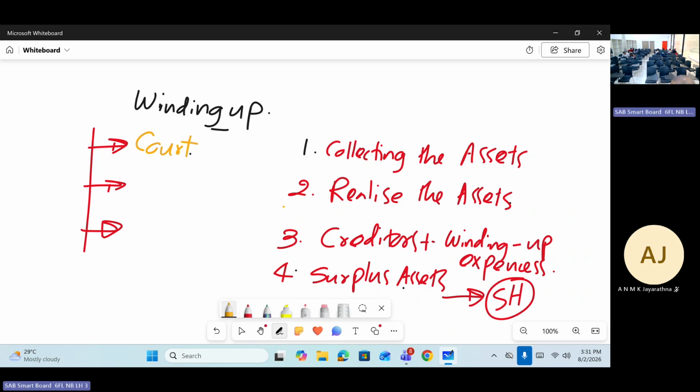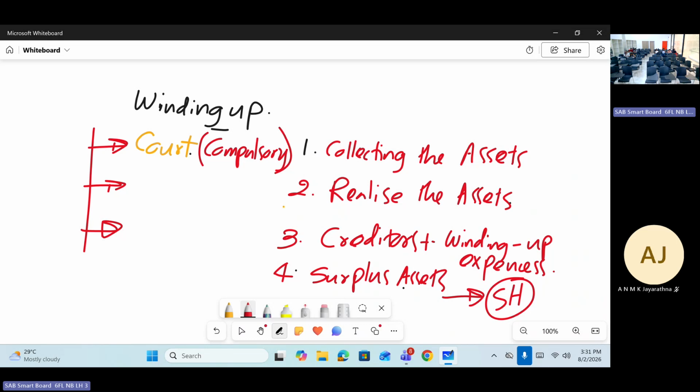This is named as compulsory winding up. Another name given to winding up by court is compulsory winding up.